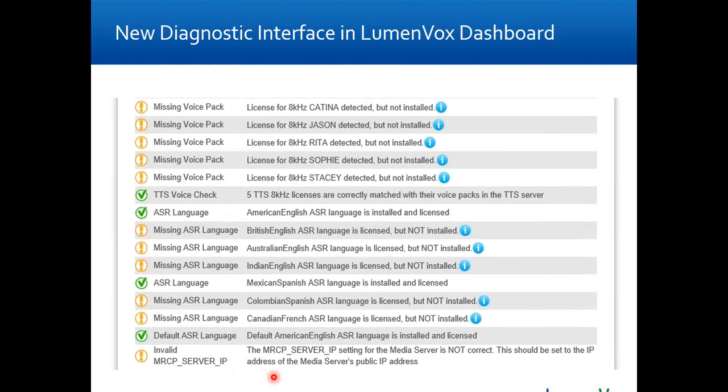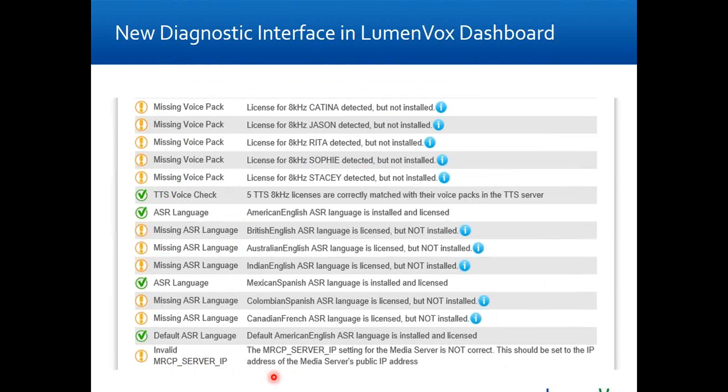Then the next thing that the dashboard will do in this diagnostic set is to actually do an analysis of what's installed and what's licensed. In this particular example, you can see that I have licenses for a number of 8 kilohertz TTS voices that I do not have installed.